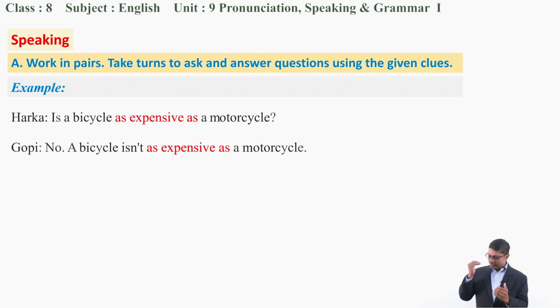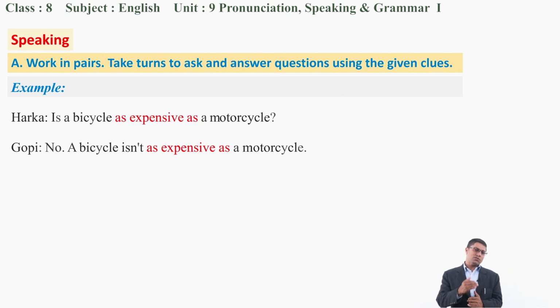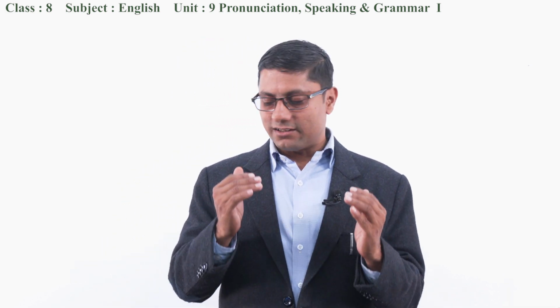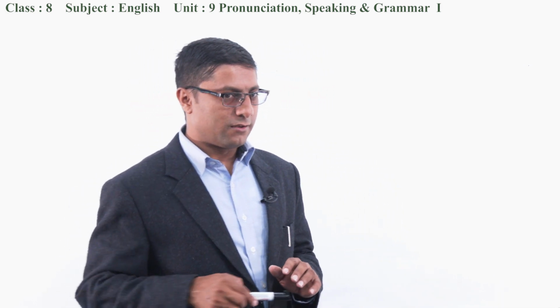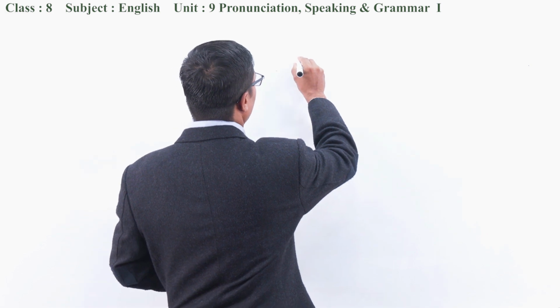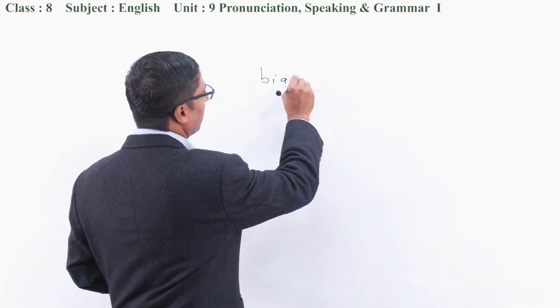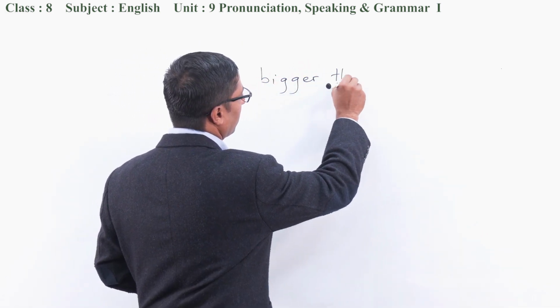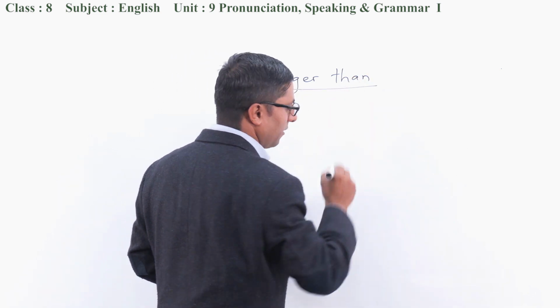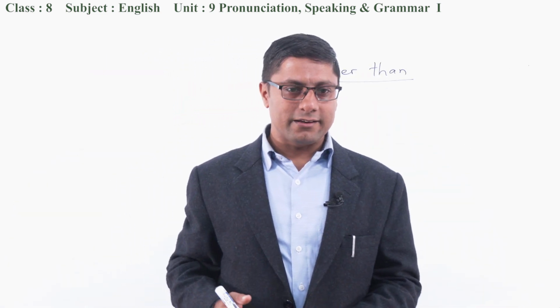So see here, there is a little difference between the previous conversation and this conversation. In the previous conversation, there was a comparison between 2 animals, elephant and tiger. But the way the 2 animals were compared was a little different. There was bigger than used. Okay? An elephant was bigger than a tiger.